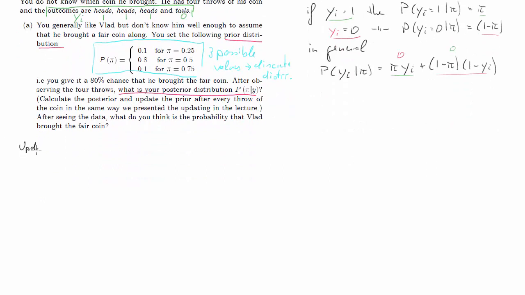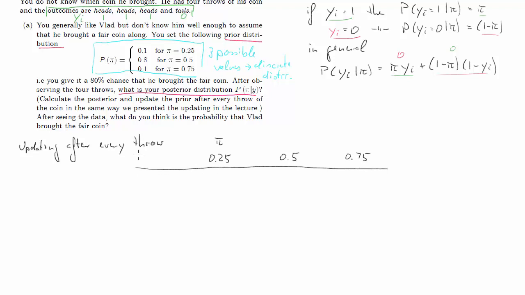So basically we now have all the information we need, and what we now want to do is the updating to see how we adjust our prior distribution. Let's think about a tabular setup. We're having 3 possible values for pi: 0.25 and 0.5 and 0.75.